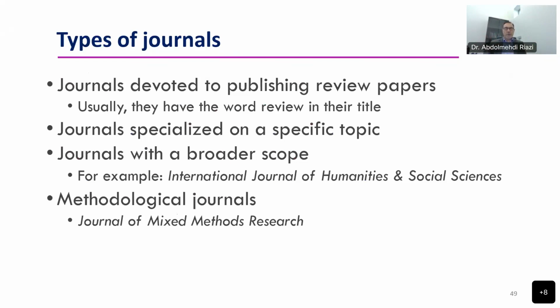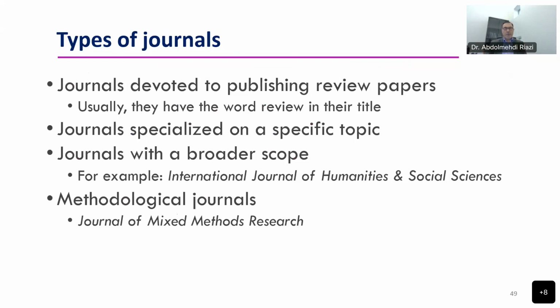They might focus on some of the challenges that human beings are facing, and so these are considered specialized journals because they just accept and publish papers that are in the exact area of specialization.